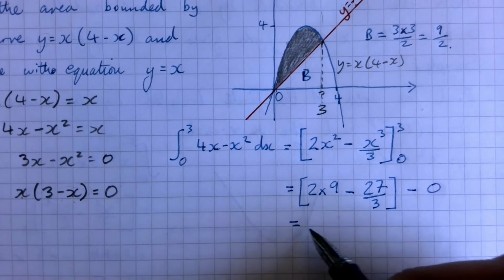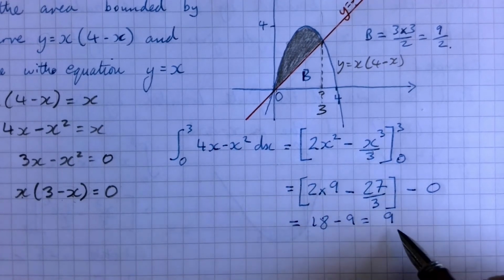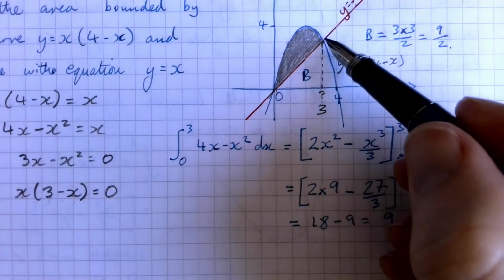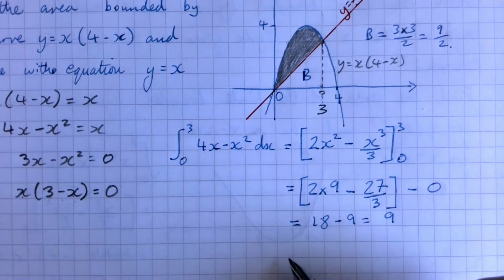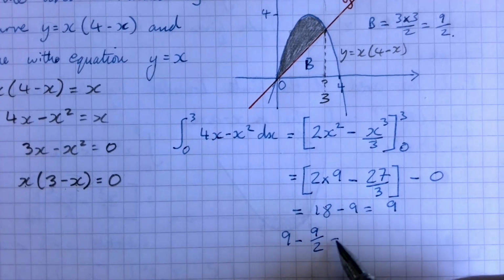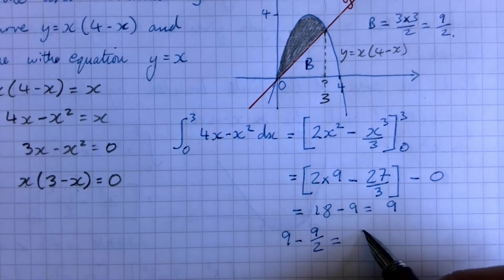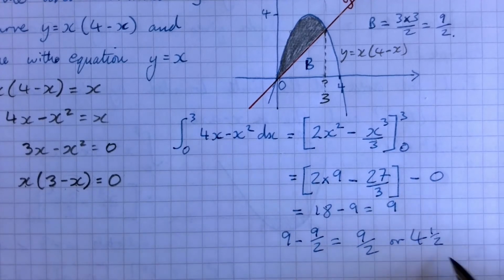So that's going to give me 18 minus 9, which is 9. So 9 would be for the whole area under the curve, and then we need to take b, which is 9 over 2, which is half of 9. So our answer is 9 over 2, or 4.5 square units.